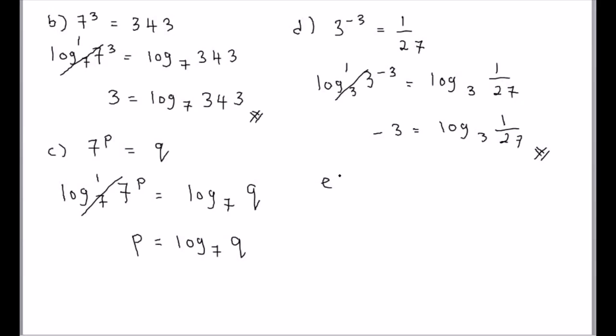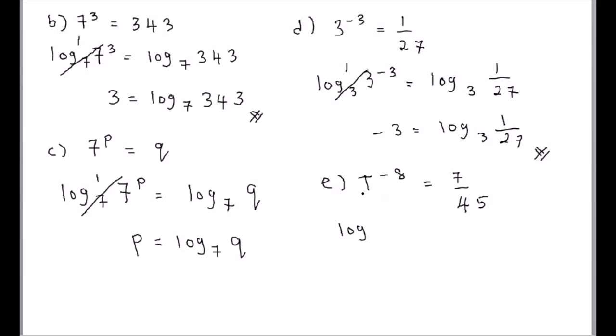Question E. t to the power negative 8 equals 7 over 45.